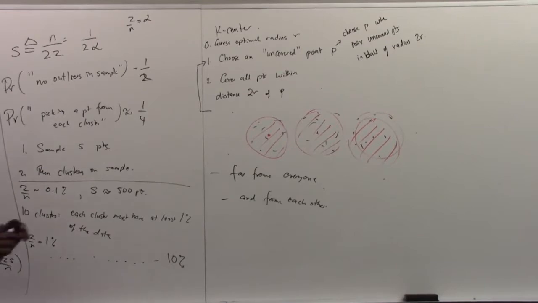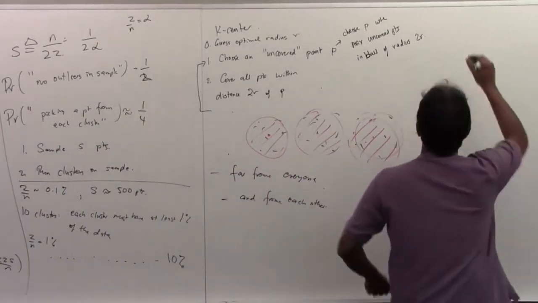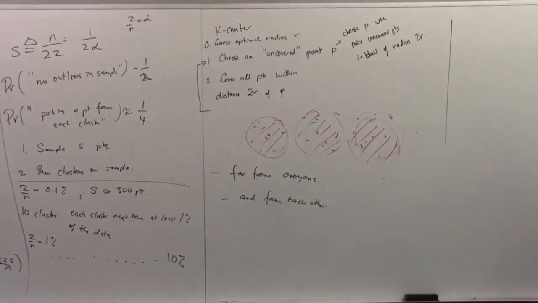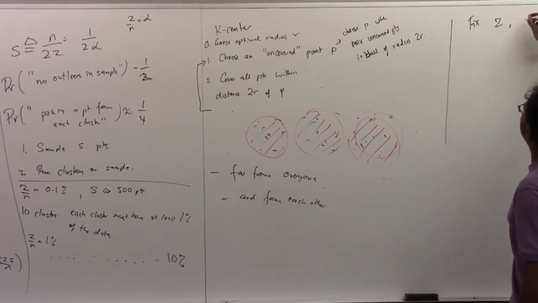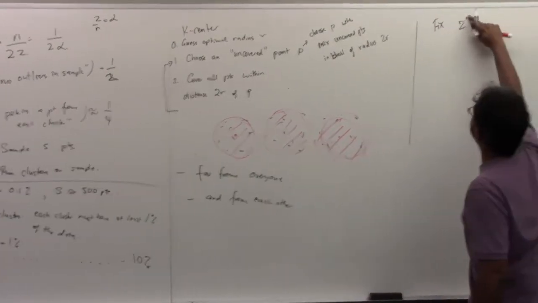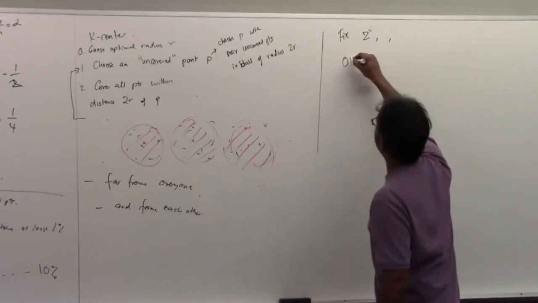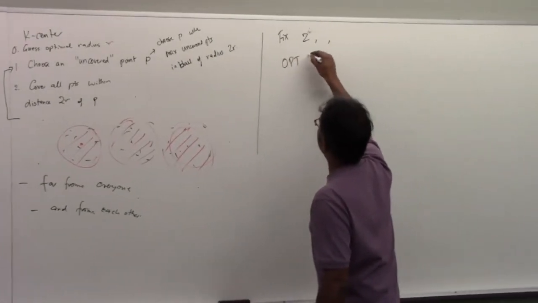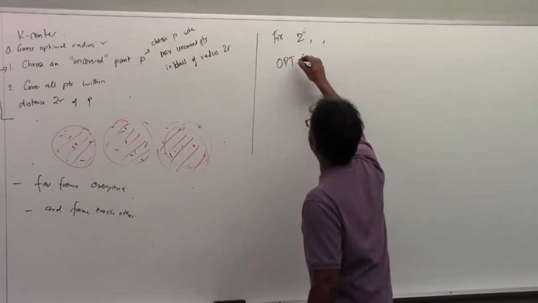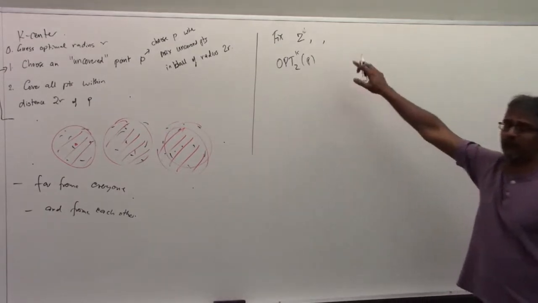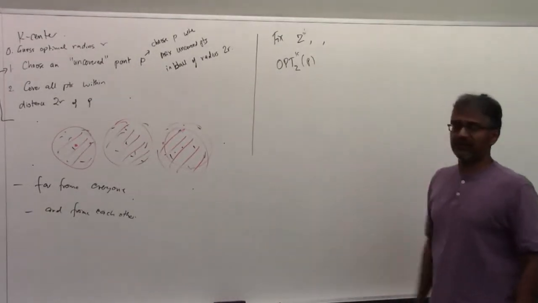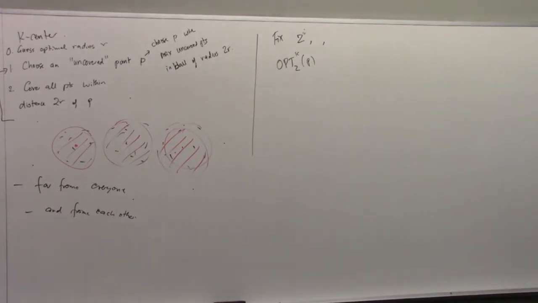And so now, here's the beautiful thing. If I want to compute a k-center with outliers, so in other words, I fix the number of outliers z, and you say, what is the optimal cost for this point set with k centers and z outliers? Let's say I want to find the optimal k-center cost with z outliers for some fixed value of z. And I want to run some algorithm.